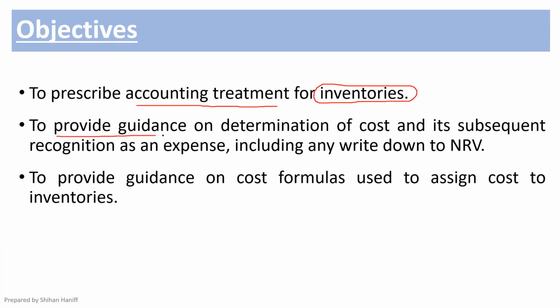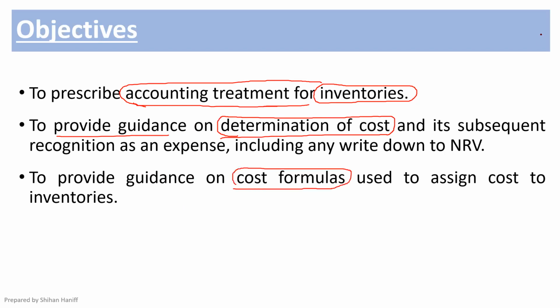Then to provide guidance on determination of cost, how to calculate the cost, and to provide guidance on cost formulas. So there are three areas that we are going to discuss.